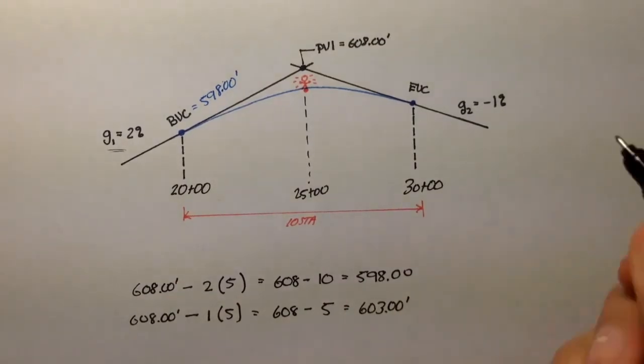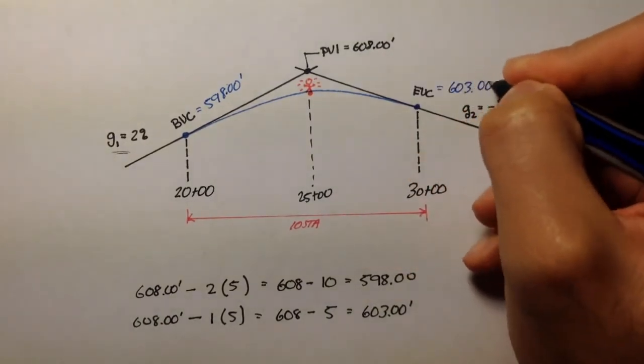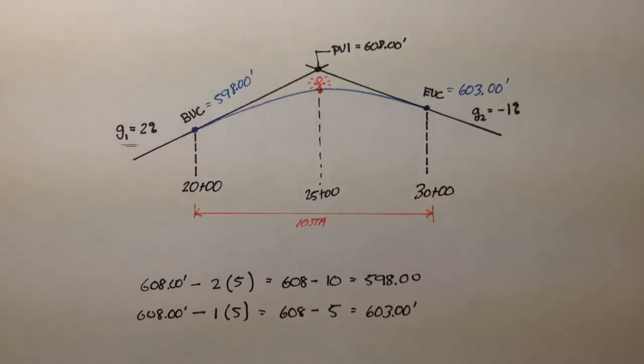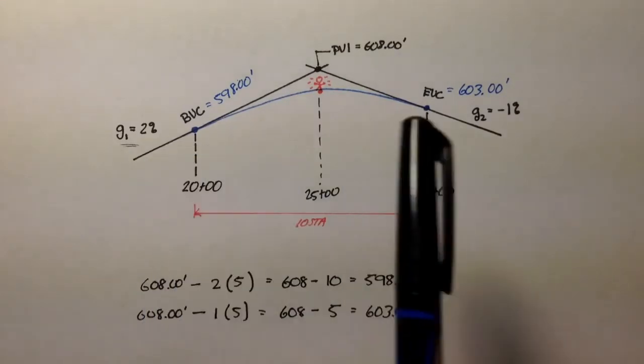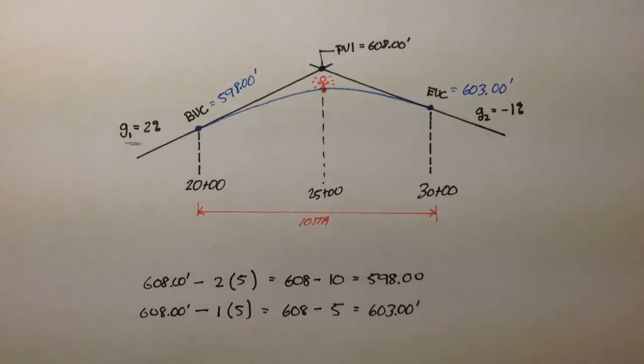So the elevation of EVC would be 603.00. We basically applied what we knew about grading to this problem and figured out what BVC and EVC are. If you don't exactly know what I did here, I suggest watching the videos on grading.